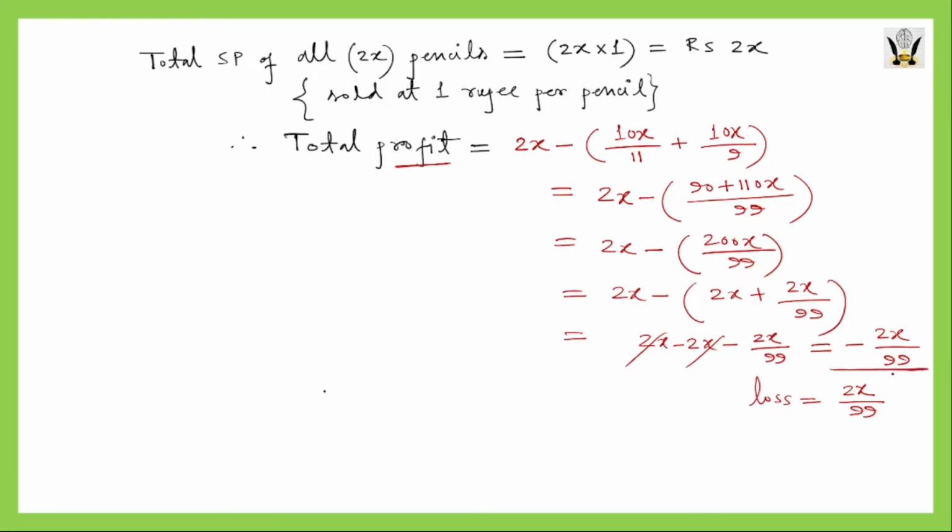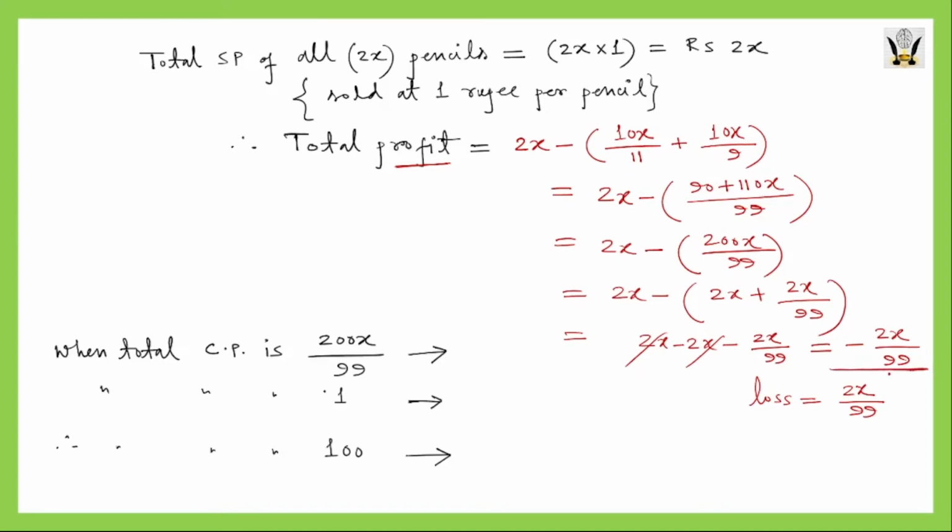Now we have to find the loss percentage. So the total cost price of this whole transaction is 200x divided by 99. When the total cost price is this, the total loss is 2x divided by 99. Now when the total cost price is 1, the loss will be 2x divided by 99, then whole divided by 200x divided by 99.